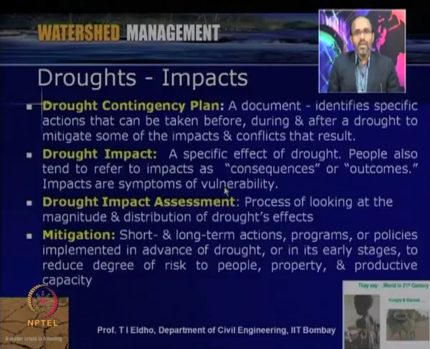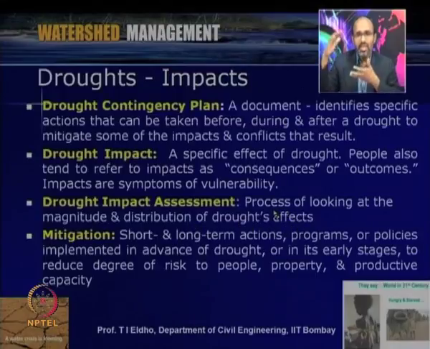So, impacts are symptoms of vulnerability. As we discussed, we can identify the vulnerable areas due to the droughts, and then based upon that we can assess the drought impacts. So, drought impact assessment is the process of looking at the magnitude and the distribution of drought's effects.